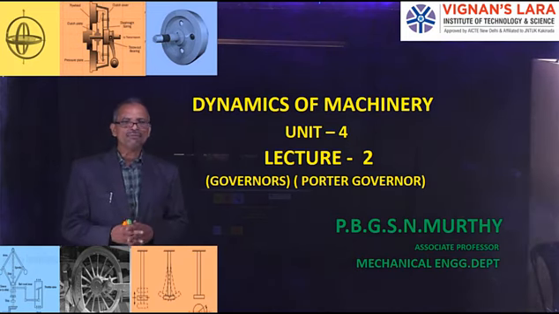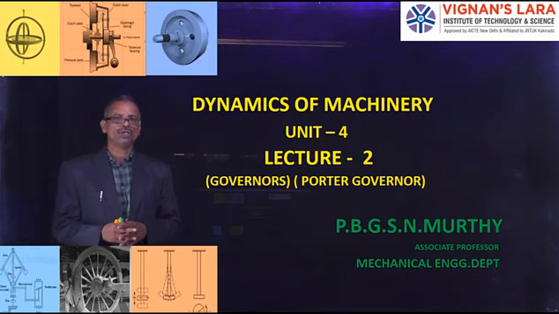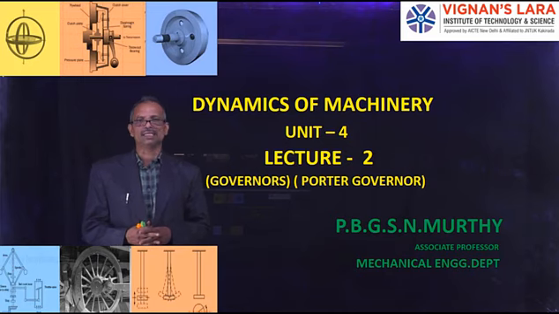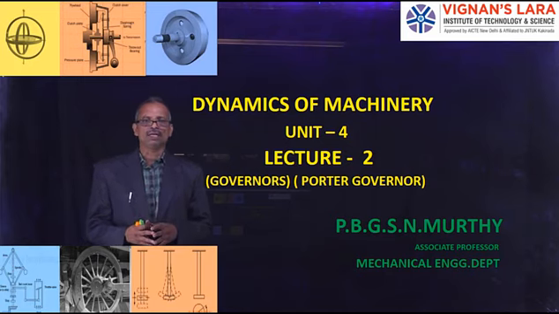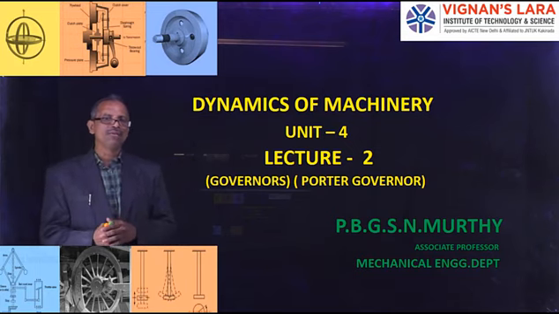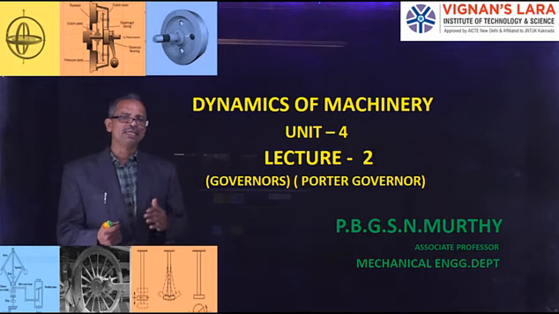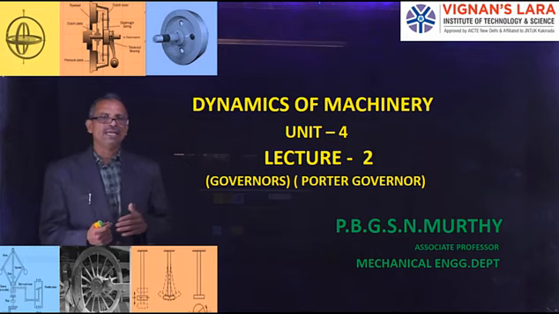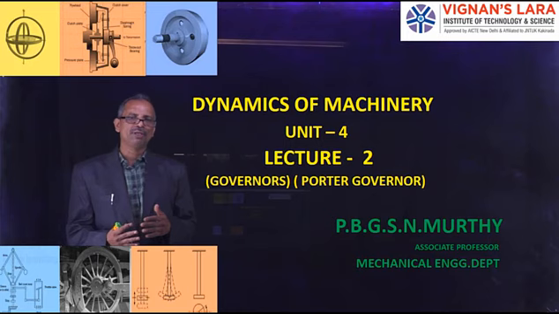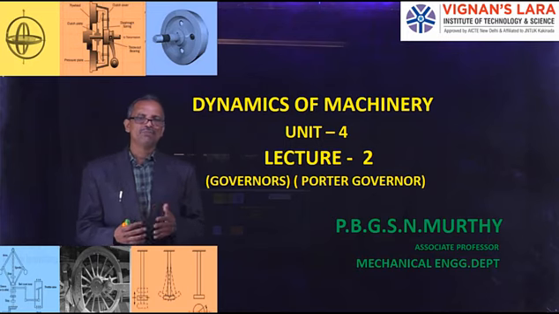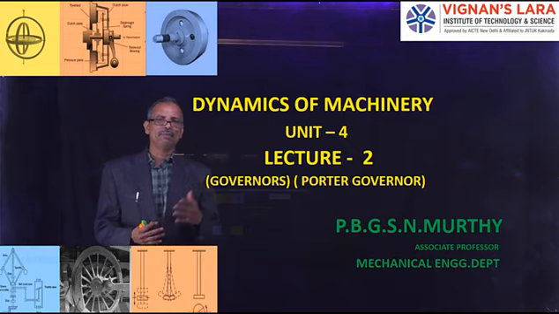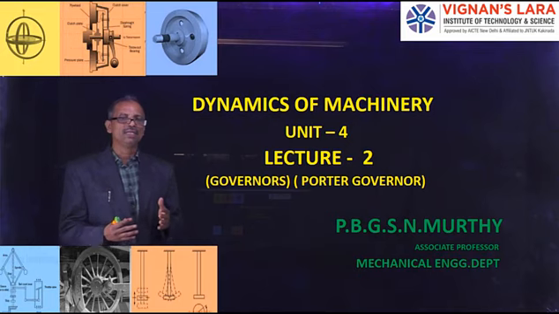Then we have seen the basic construction of a governor and its working principle. We also saw the Watt governor, and the drawback in the Watt governor is that the lift of the sleeve is less when you increase the speeds more and more. Yesterday I showed a tabular column where, at speeds like 100 rpm, 200 rpm up to 300 rpm, the lift of the sleeve is considerable, but once it crosses 300 rpm and 400 rpm, the lift is very nominal.